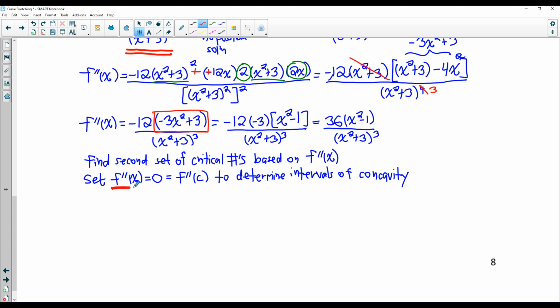Okay, that's for the second derivative test. So if you take f double prime of x and set it equal to 0, that gives you the intervals of concavity, as opposed to the first derivative test, which tells you the intervals where you're increasing or decreasing.